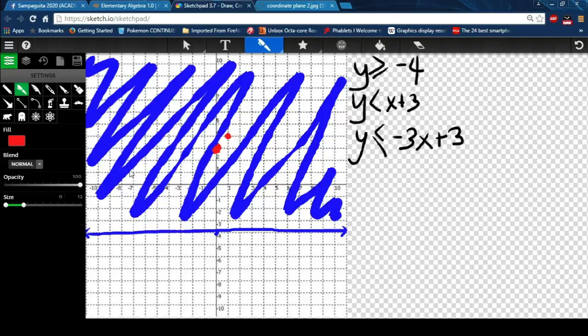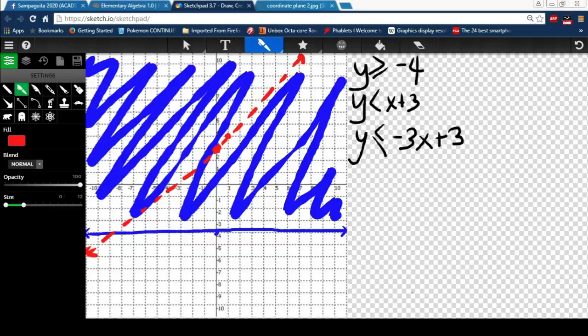Then use a dashed line. There we go. And shade all the points below it since the sign is less than.